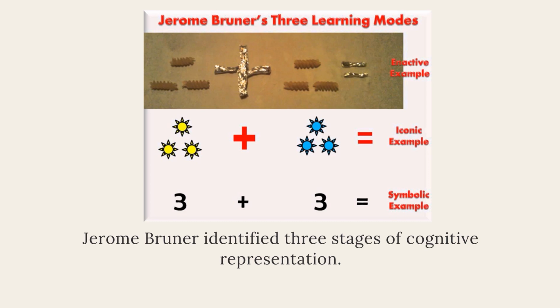And then the iconic example, as you can see here, he used for example the sun icon and then calculated 3 plus 3, all right? And then finally the symbolic, which is the less attractive stage, by using simply the symbol itself.